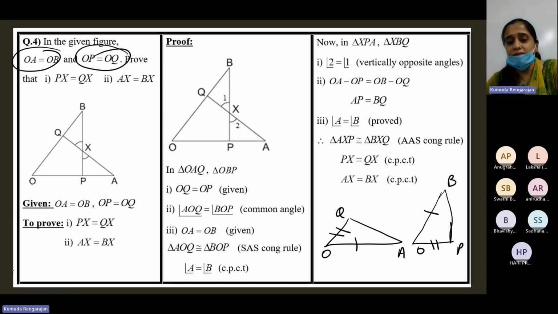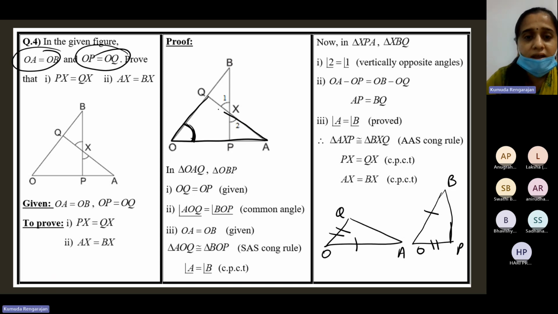Now for these two, you can see that these two triangles have this angle as a common angle. This angle is common to this triangle and to this triangle. It is also in this triangle.